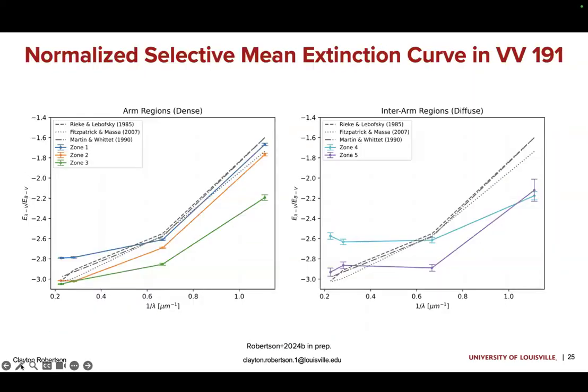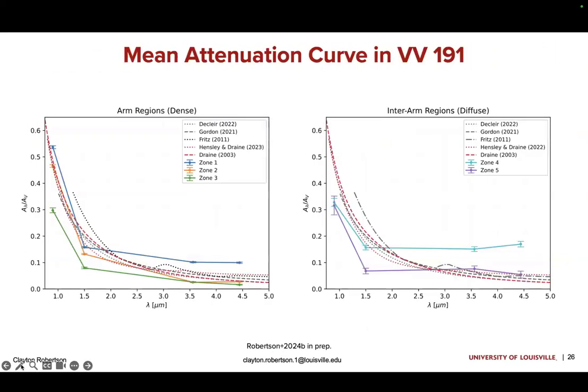I believe so, just because we have a lot of literature to compare it to. One thing I want to highlight with these three, at least for these three in the dense spiral arms, is that the shape of the slopes themselves shows some uniformity: zone one seems to have the highest slope, versus zone two and zone three which are lower slopes. That gives us insight on the dust grain distribution just from that itself.